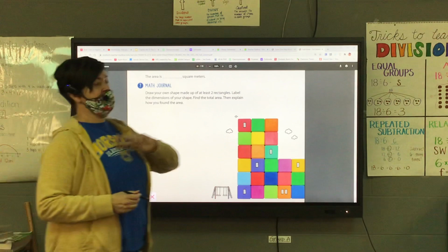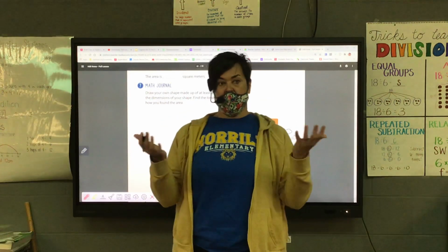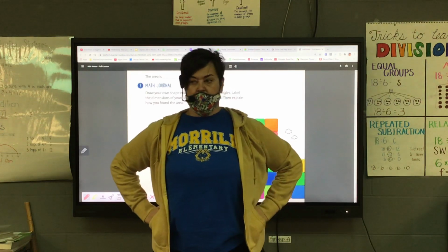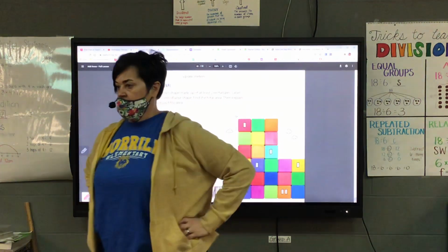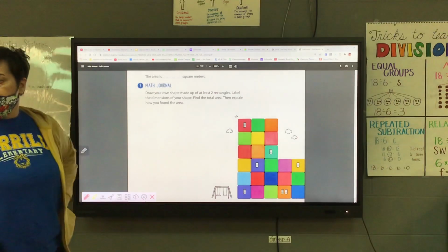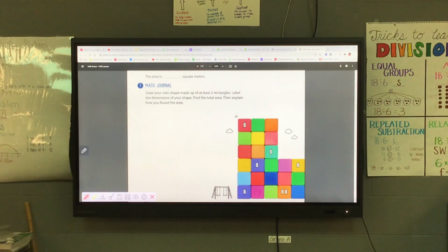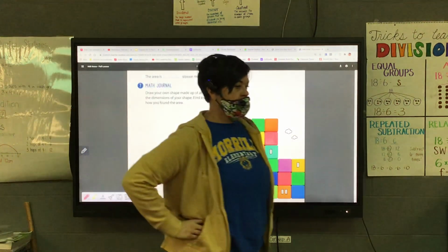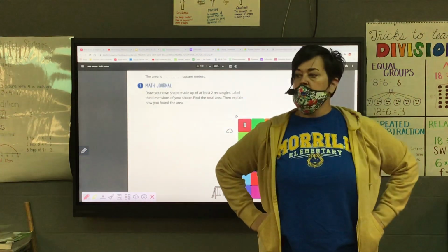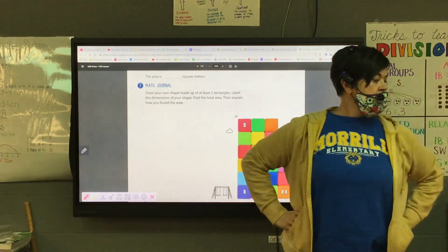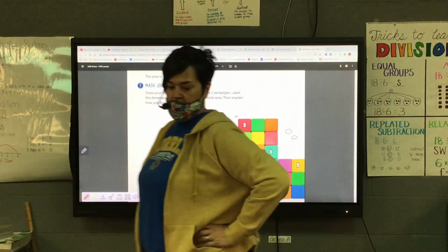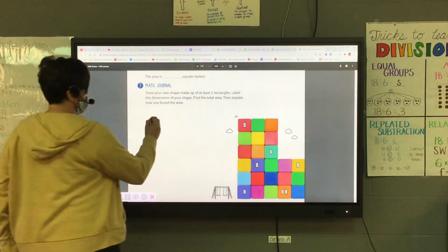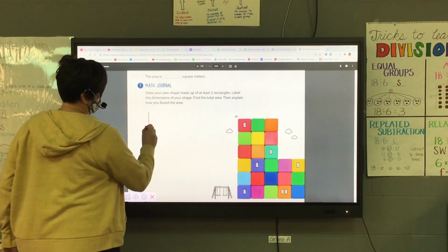But at least be able to split it into 2 rectangles. Hands on your hips when you have your shape drawn. Okay, so if I draw my shape, I'll draw a different one now.